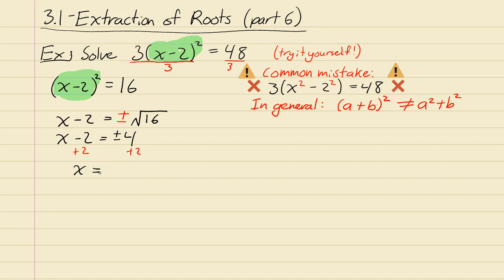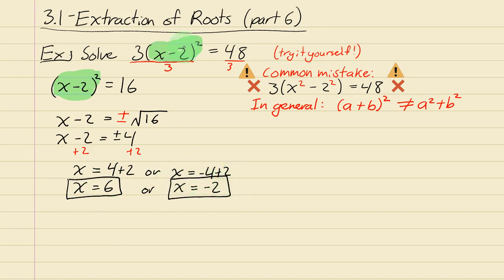But the problem is that 4 plus 2 works differently if you have negative 4 plus 2 or positive 4 plus 2. So we could either write it as x equals positive 4 plus 2, or x equals negative 4 plus 2, and that will give you your two solutions, which are x equals 6 or x equals negative 2. And it's always a good idea to check your solutions by plugging them in and making sure it works out.